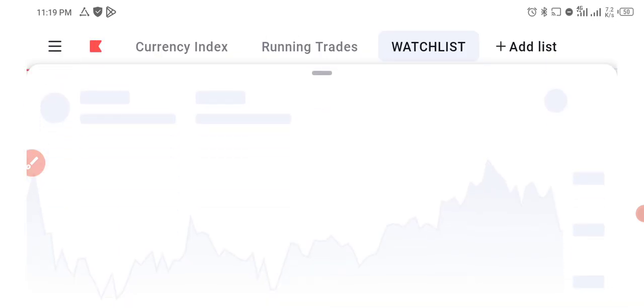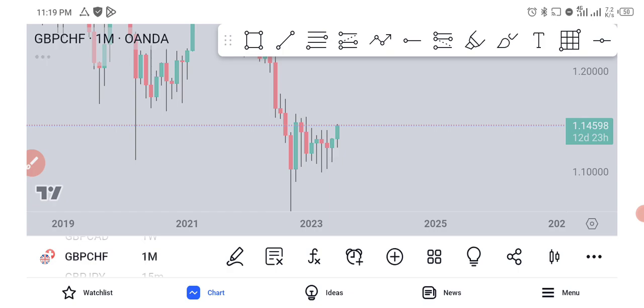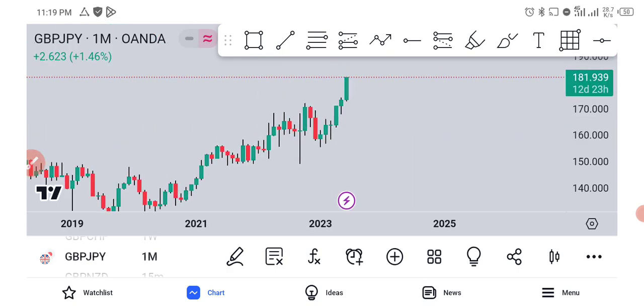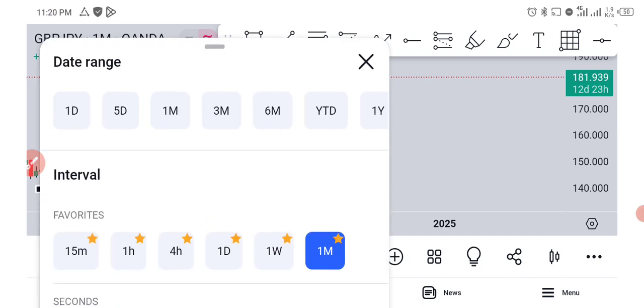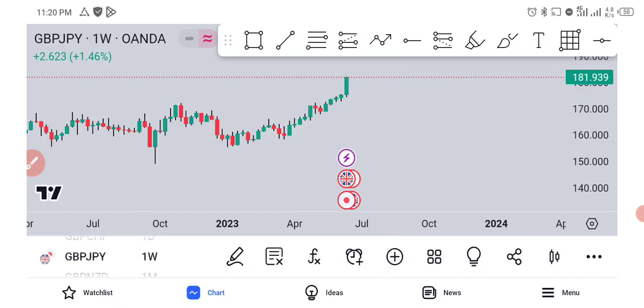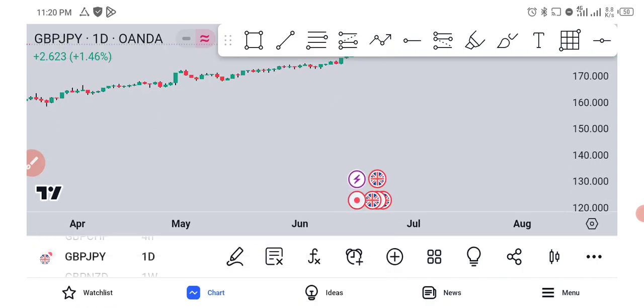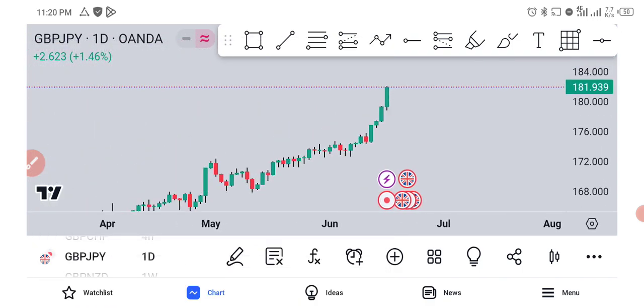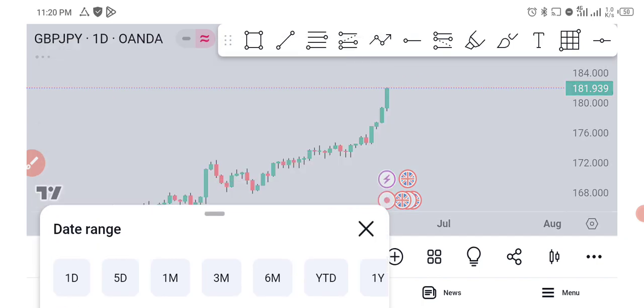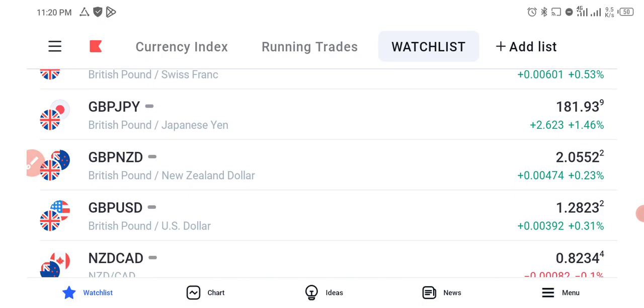GBP JPY is currently in an uptrend, if I'm not mistaken. Yes, the market is in an uptrend, and the monthly time frame is overextended to the upside. On the weekly time frame, also overextended, the correction is expected. On the daily time frame, also overextended, the correction is expected. Then a move to the upside is potentially expected. So this trade is currently not valid.